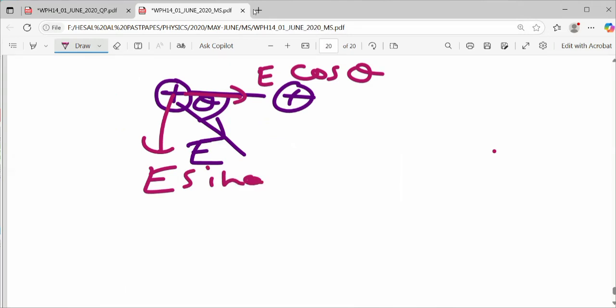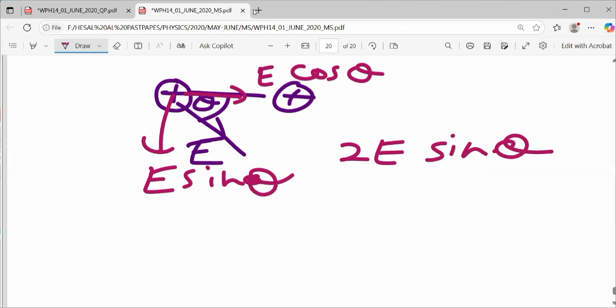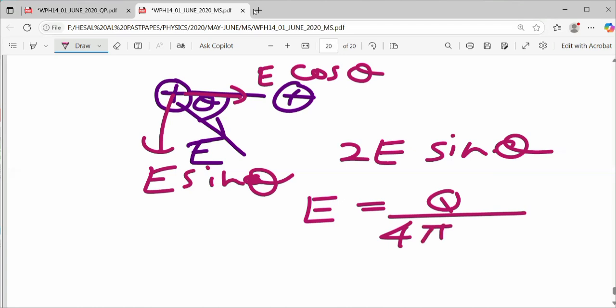Due to these two being similar, this is cancelled, but here we can get it by adding both sin theta. What is the equation we can use here? E equals Q over 4 pi epsilon naught r squared. Here r is the distance between the charge and the point.